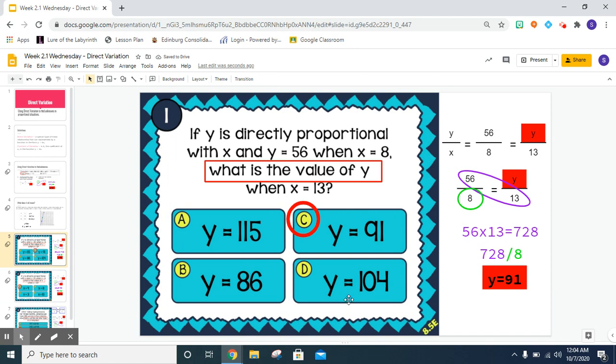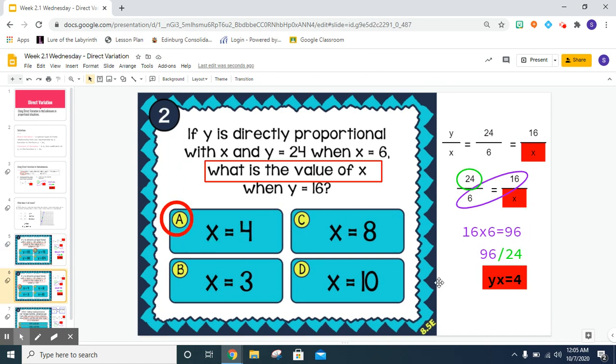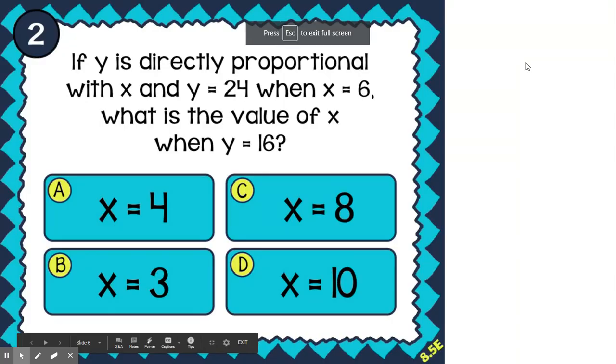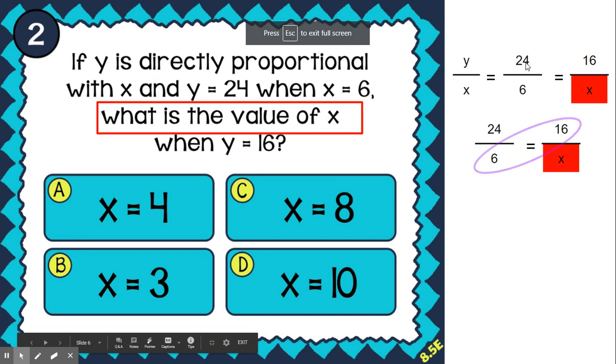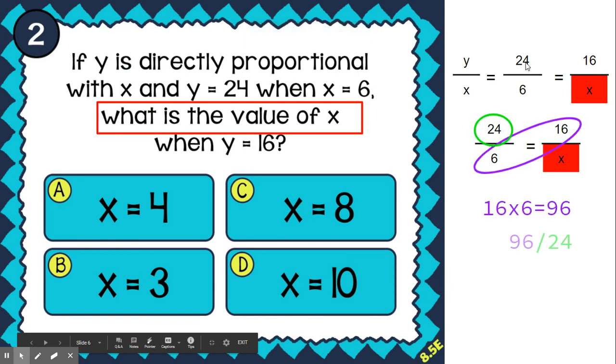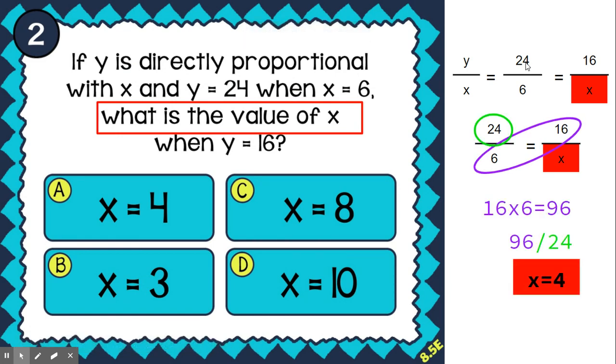Because we are solving for x. So let me go ahead and fix that. There you go. All right, so again, because I'm solving for x, I get that the value of x equals 4.